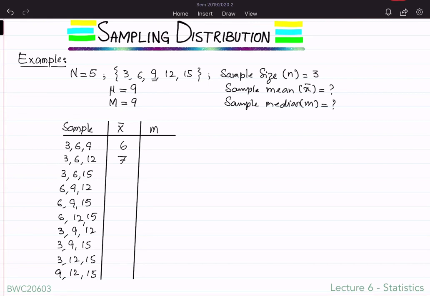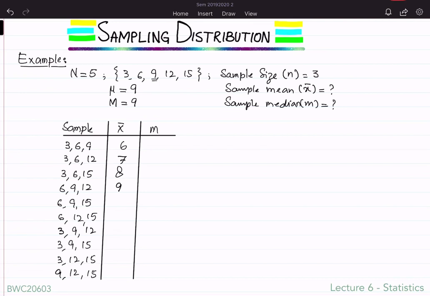And then 3 plus 6 plus 15 divided by 3 is 8. Then 6 plus 9 plus 12 divided by 3 is 9.